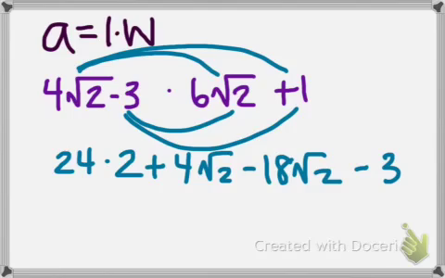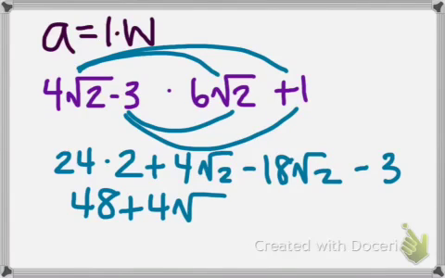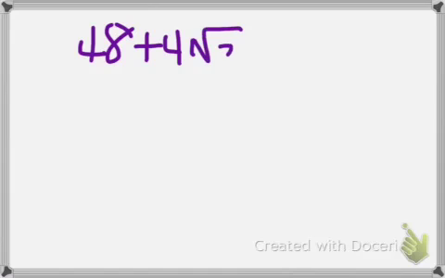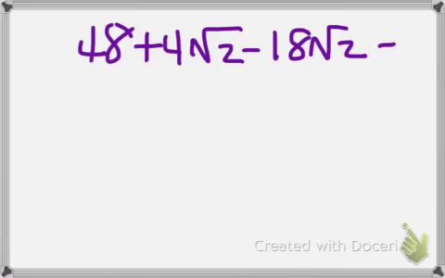Then next you're going to combine like terms. First you multiply 24 times 2, which is 48, plus 4 radical 2 minus 18 radical 2 minus 3. So that will equal 48 plus 4 radical 2 minus 18 radical 2 minus 3.